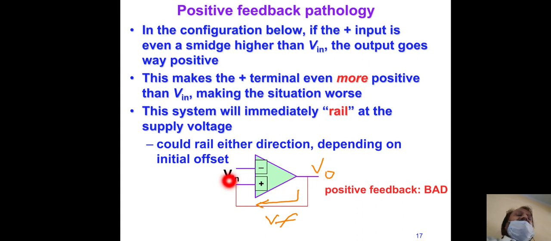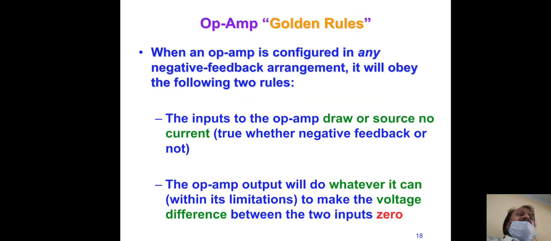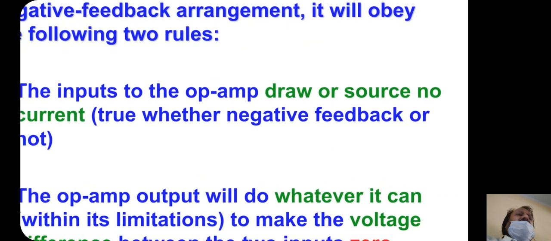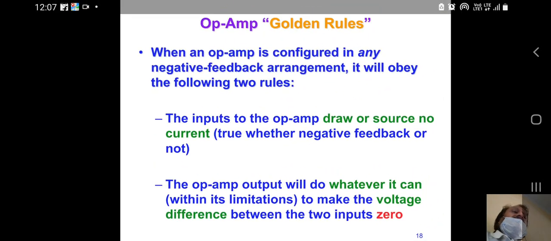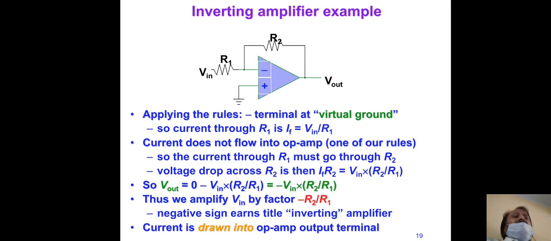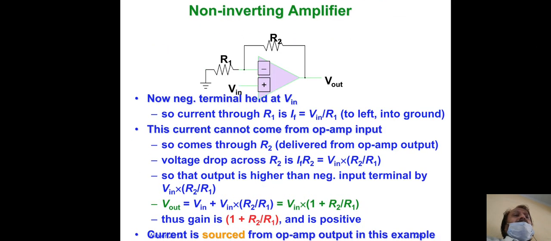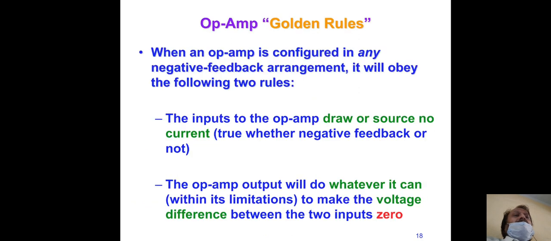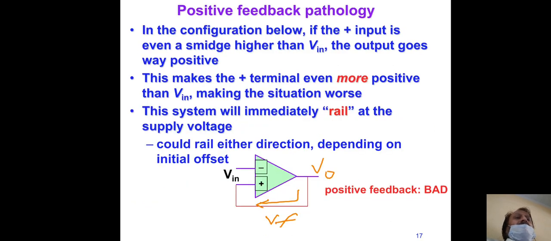Positive feedback is not used for amplifiers, since you will not get a stable output from the op-amp. It keeps increasing, more and more positive. That's why positive feedback is not suitable for operational amplifiers.